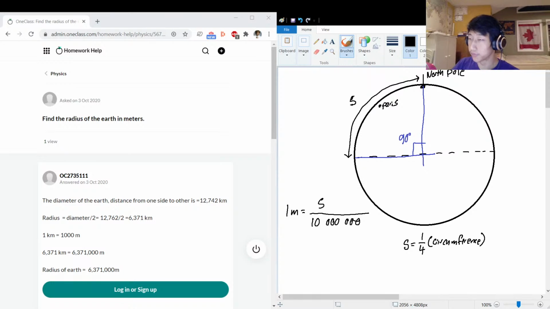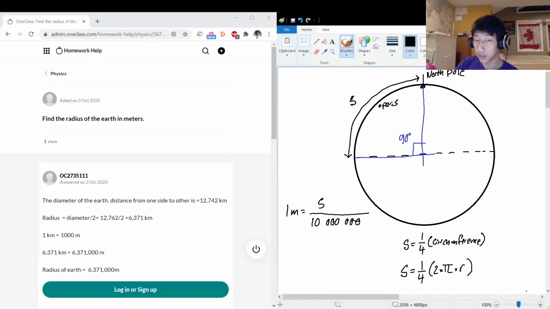Or is 2 times diameter. No, it is pi times diameter, which is also equal to 2 times pi times r. So S is equal to 1/4 of the circumference, which is 2 times pi times r.